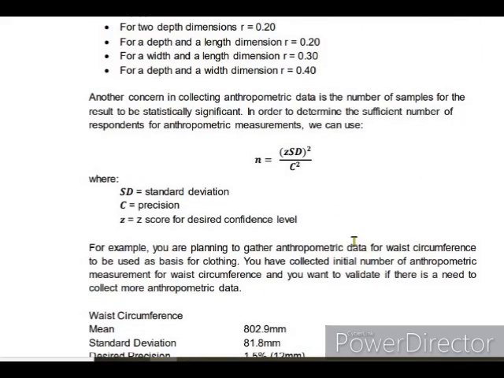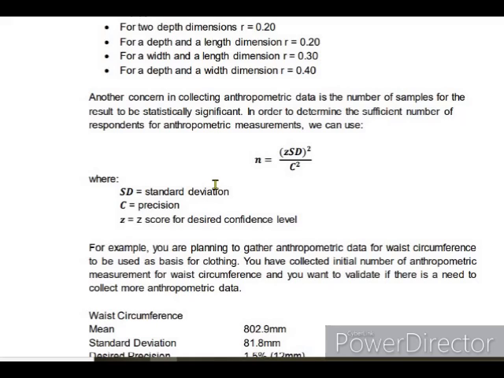Okay? Another concern in collecting anthropometric data is the number of samples for the result to be statistically significant. Of course, in the statistical process, we should consider the number of samples for our study to become significant or for the result to be significant. Okay, in order to determine the sufficient number of respondents for anthropometric measurements, we can use this formula.